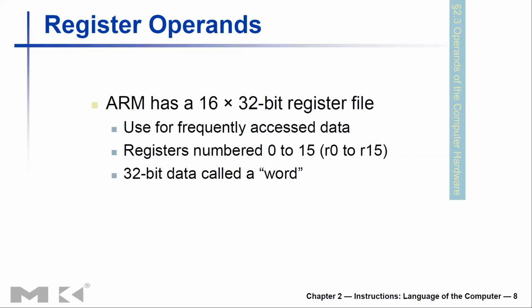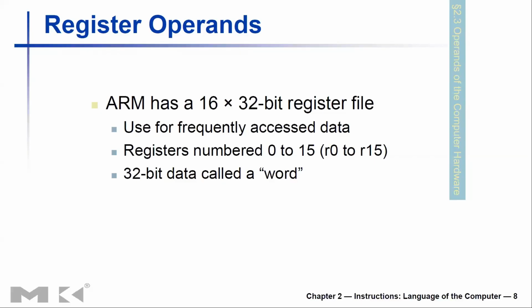So each of these registers are going to be 32 bits in size. And also there's a term commonly used in this course and in computer architecture and assembly generally. This is word. So this word refers to 32-bit data.